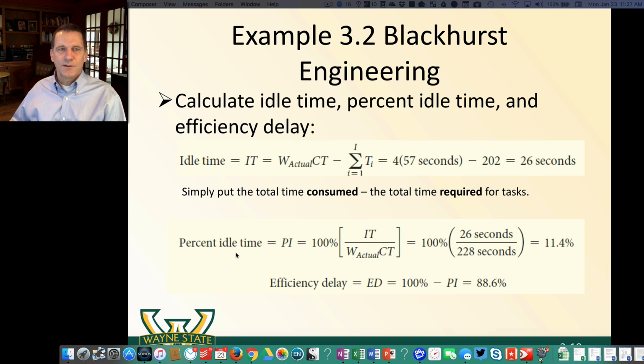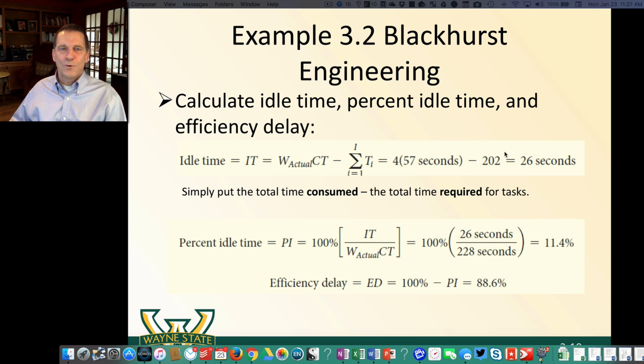The percentage idle time is basically just taking the numerator and denominator view of that and saying that our 26 seconds of idle time over the 228 seconds that was consumed by the line is 11.4%. Okay, so we have an 11.4% idle time. A mistake a lot of people make is not dropping this 228 in here, but only looking at the total task time required.